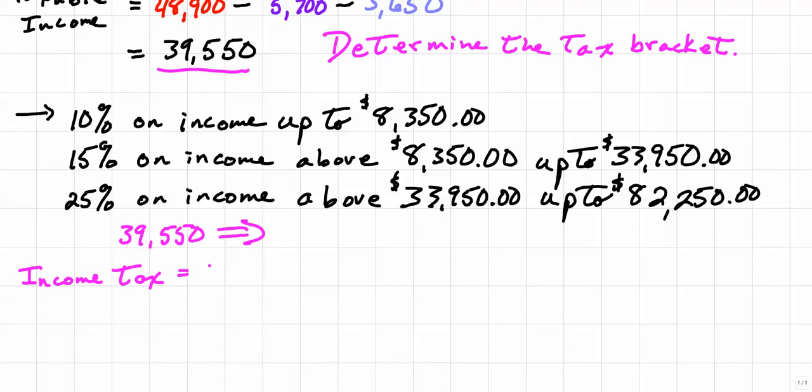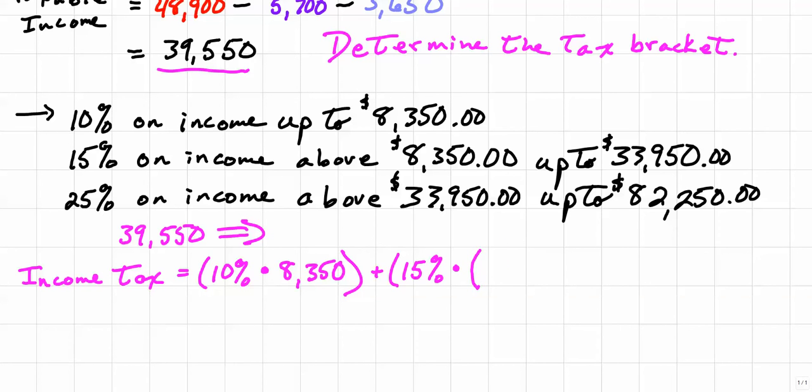We'll take the fact that she pays 10% on the first $8,350, and we're going to add to that the fact that she pays 15% on the following. And now notice exactly what I'm doing here.